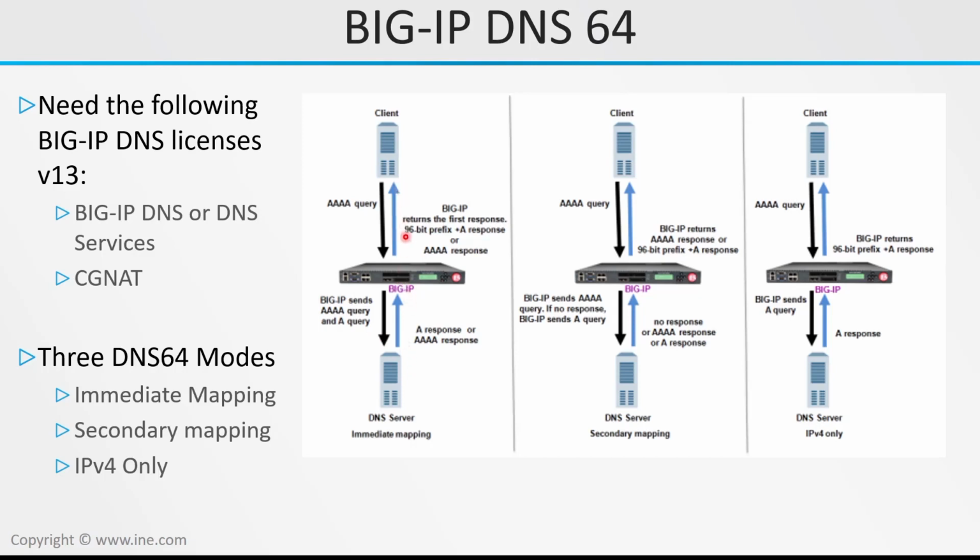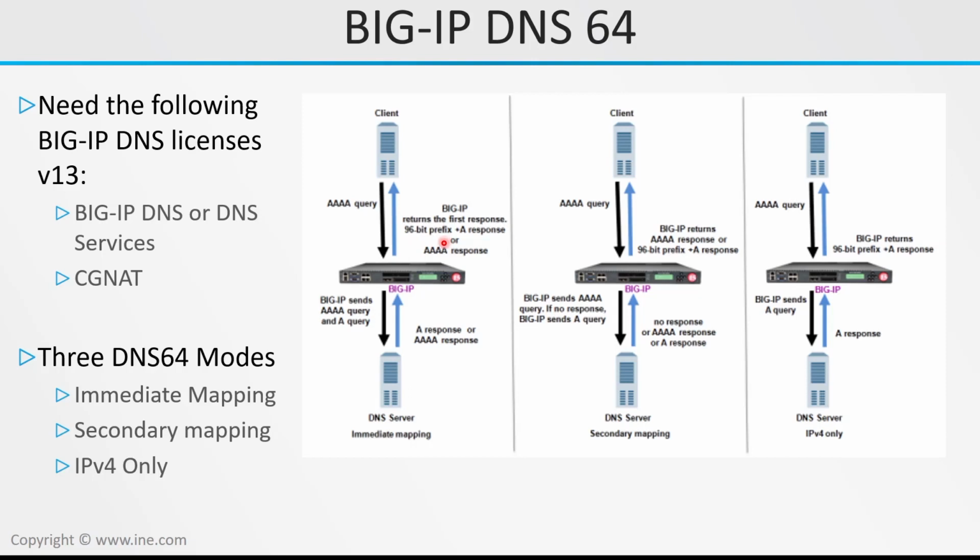So if it gets the IPv4 A response back first, it will take that and append a 96-bit prefix. It's a really nice way to identify the specific IPv4 address and then apply that prefix, making it IPv6 compliant basically.